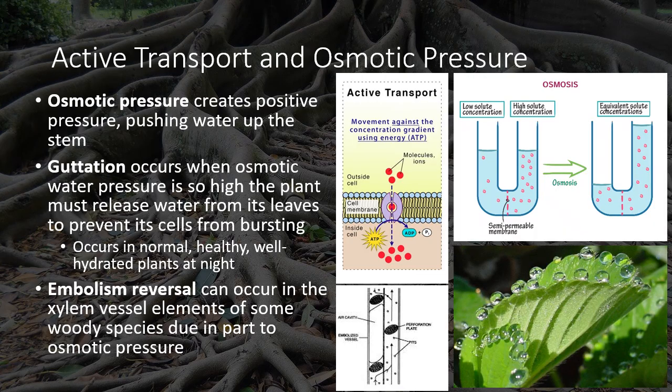So if you look at this image in the bottom right corner, this is the leaf of a strawberry early in the morning. And those droplets of water, which are regularly spaced along the leaf, are not just some kind of magical photograph. This is a phenomenon called guttation.